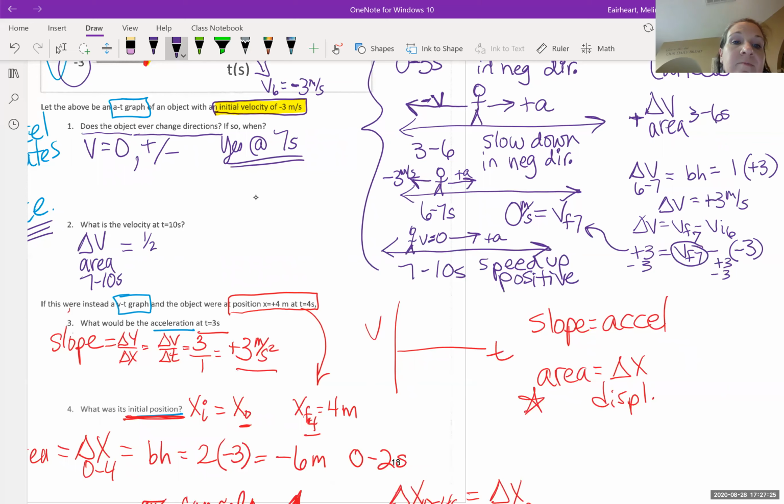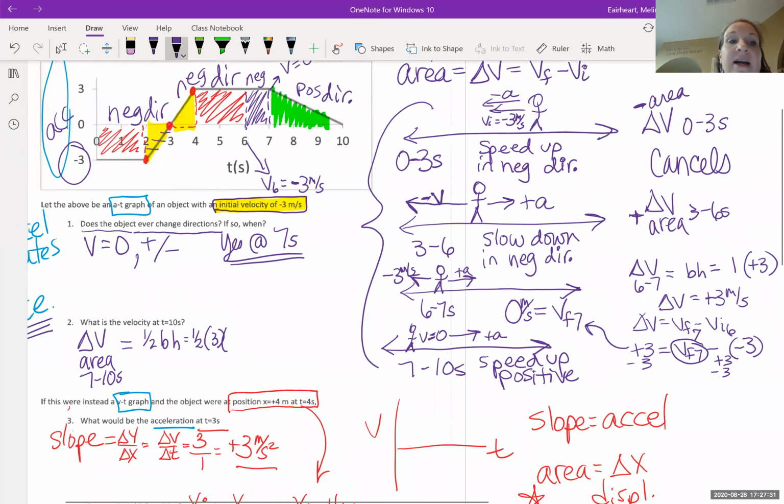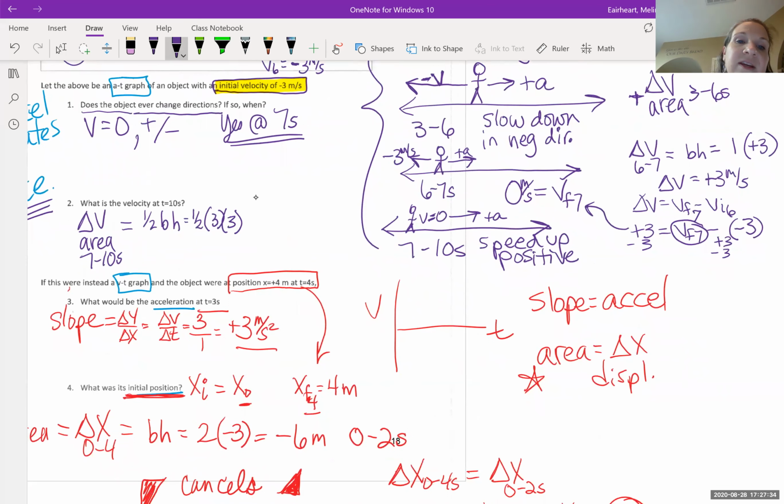That's the one I don't really know yet. And it's a triangle, so 1/2 base times height. 1/2, it has a base of 3, and it has a height of 3. And so we get 1/2 of 9, or a positive 4.5. That's the change. Now we need to relate it to the instantaneous velocity that I'm going to call final at 10, because we don't go any further.